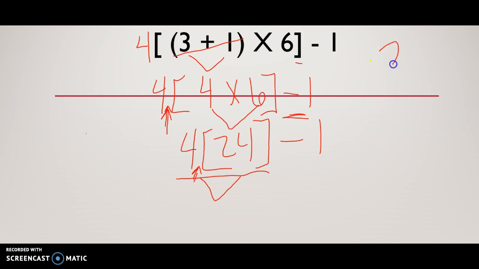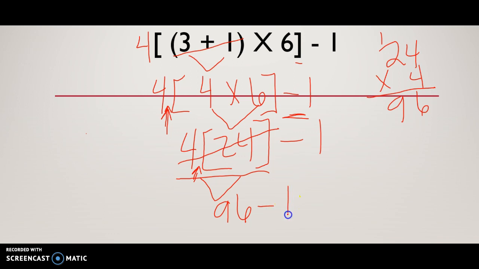So 24 times 4. You go to the side if you need to, and you will because your numbers will get bigger. So please use your scratch paper. 4 times 6 is 24, 6 carry the 1, 4 times 2 is 8, plus 1 is 9. So 96. Now I'm done with everything with brackets and that 4.